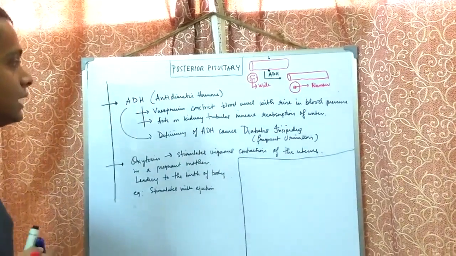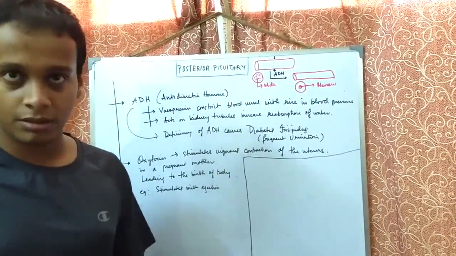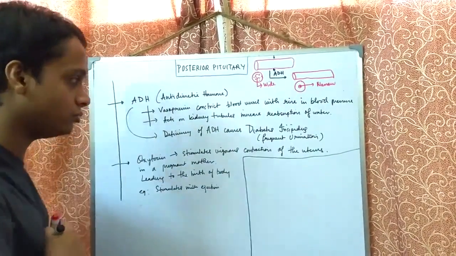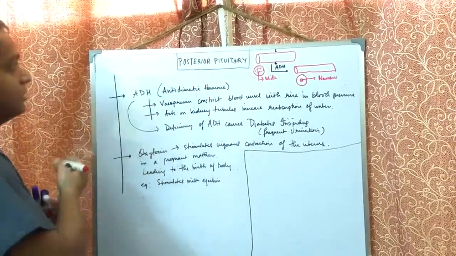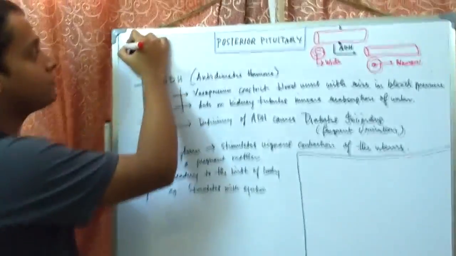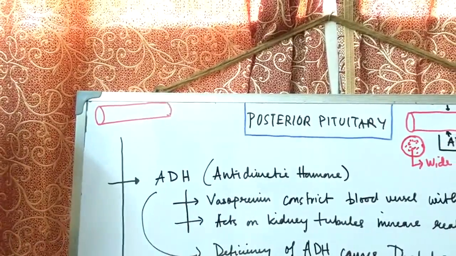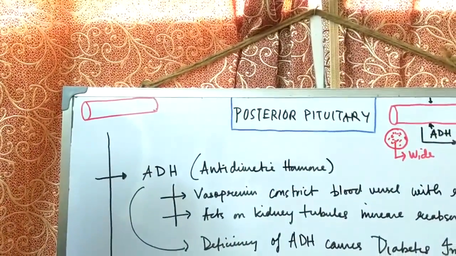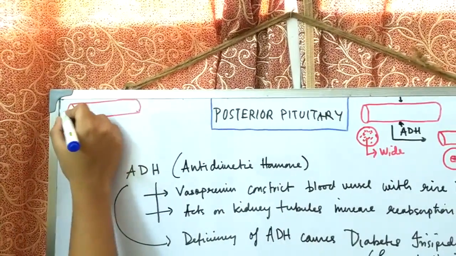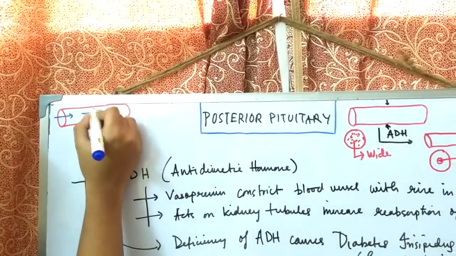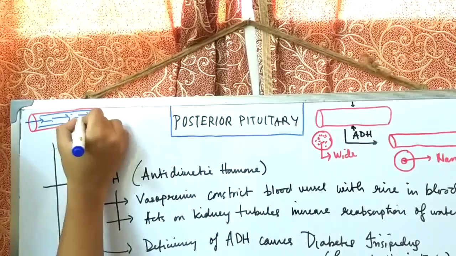That leads to a rise in the blood pressure. Let me draw another diagram for you. If blood is flowing through this blood vessel in this way, I think it's easy to understand. Blood is not blue, but assume that this is blood flowing through, and all the blood is flowing inside.